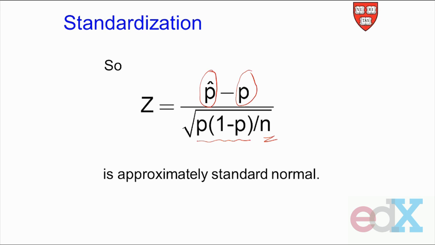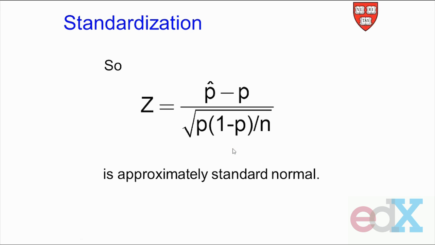And this is what we had with the continuous variables. Now, the distinction, what makes this more complex, is that the same p that we're interested in appears in the mean, and it appears in the standard deviation or the variance. And that's what makes this a little bit more complex.